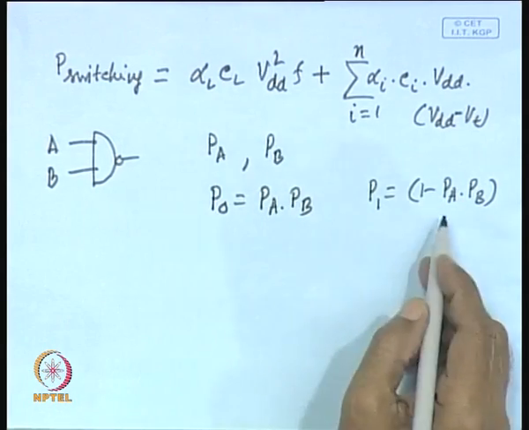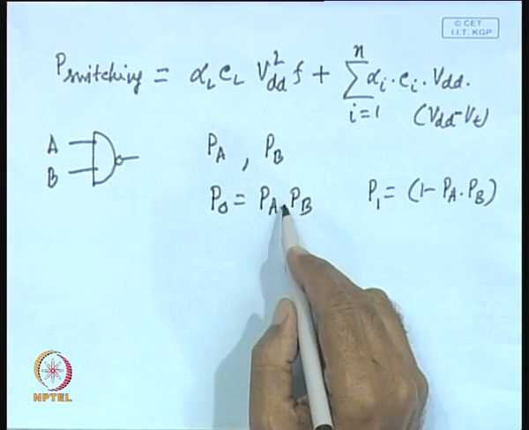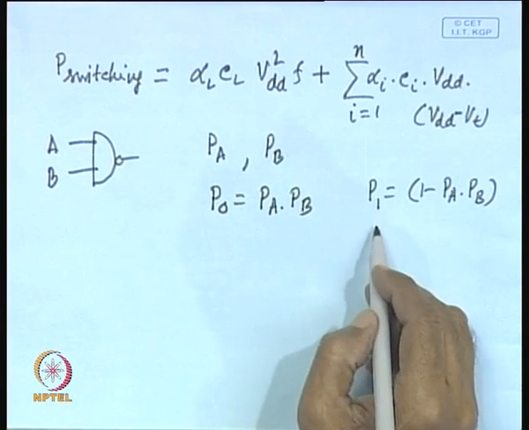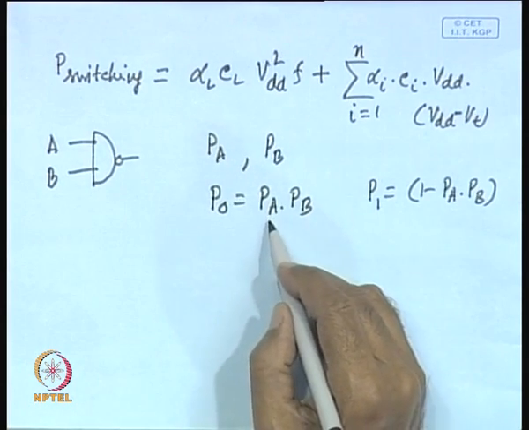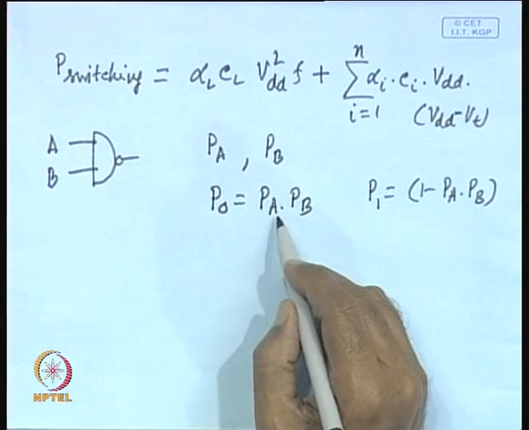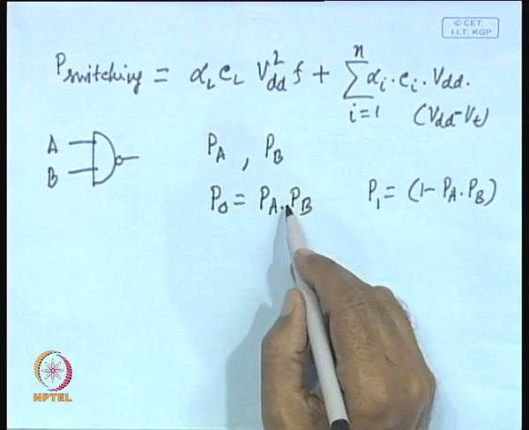So, we find that P0 is no longer 1 by 4, or P1 is no longer 3 by 4 in this particular case, because it all depends on the probability of transition to 1 and probability of transition to 0, that will be different.